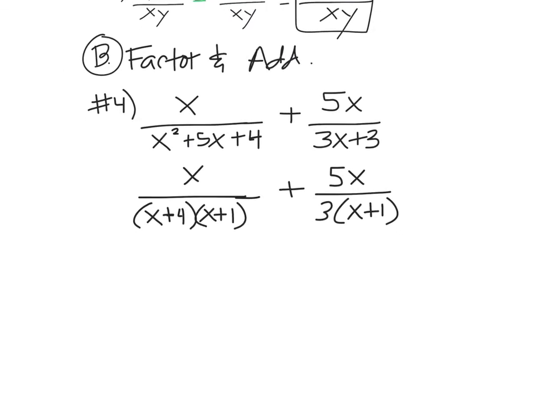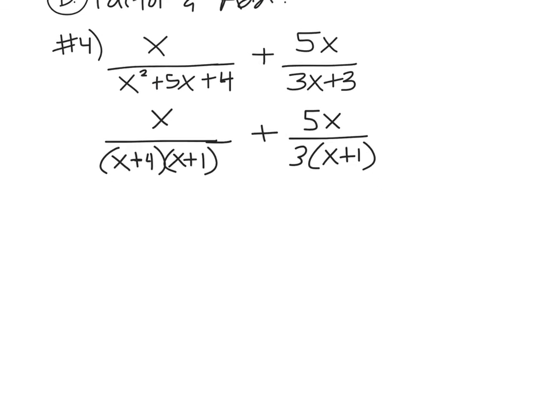Okay, so in order to add these together, we need to have exactly the same denominators. Let me show you how to figure out what your common denominator is going to be. You basically need each factor that you see. If you look at these factors on the bottom, I need a 3. Both of them need an x plus 1.